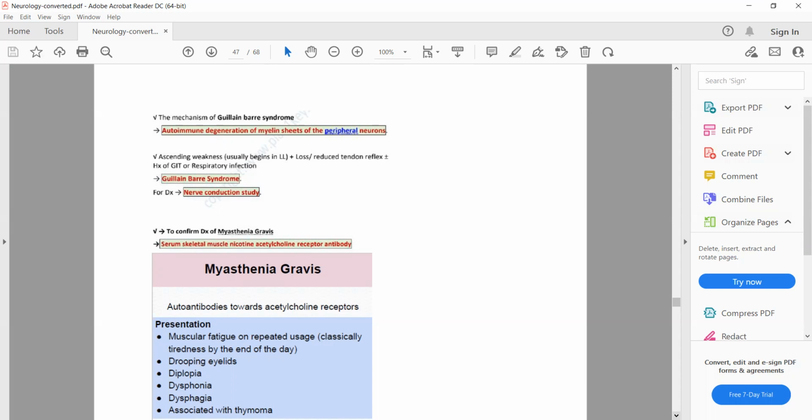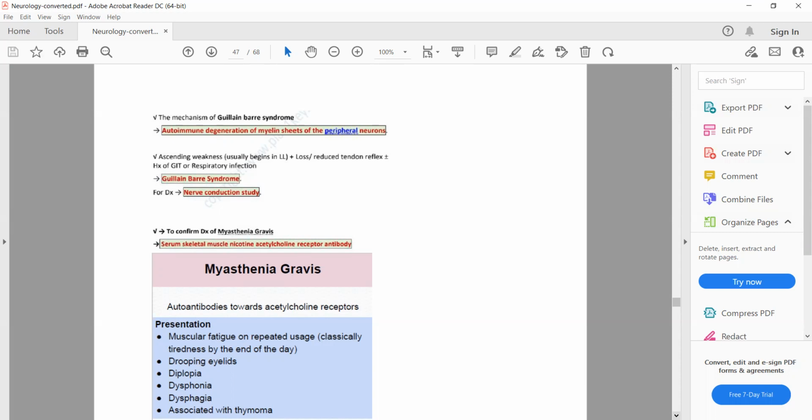When it binds with these receptors, voltage-gated sodium channels are opened, which leads to the entry of sodium inside the membrane, and an action potential is generated, which leads to the contraction of the skeletal muscles.